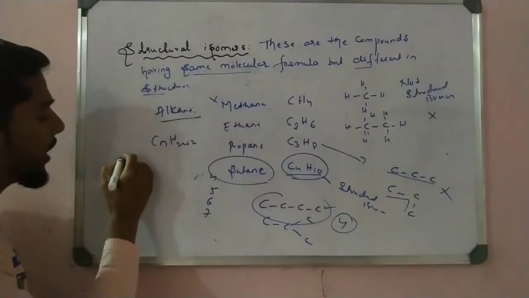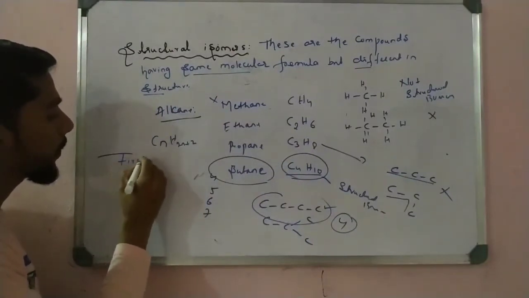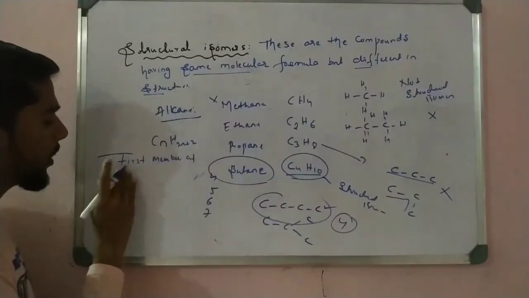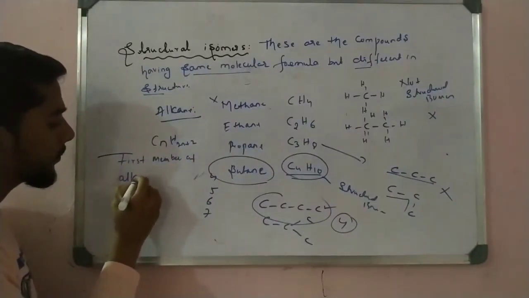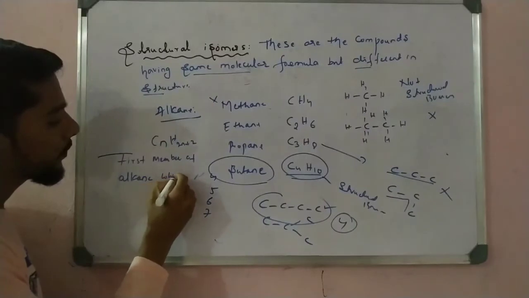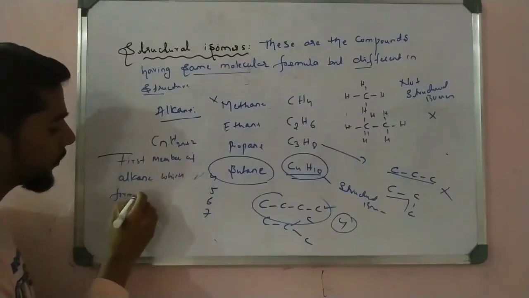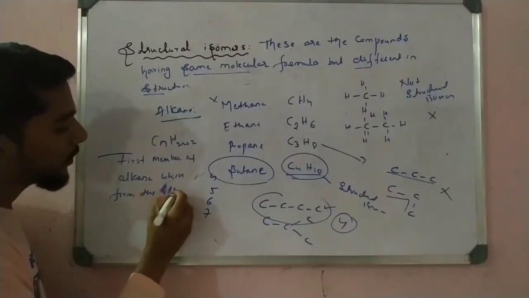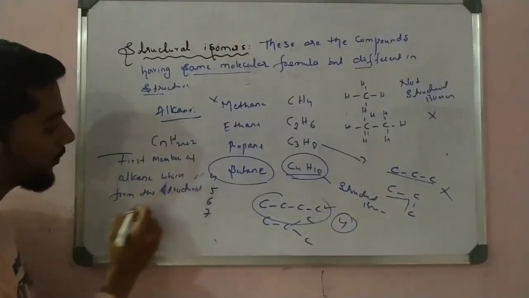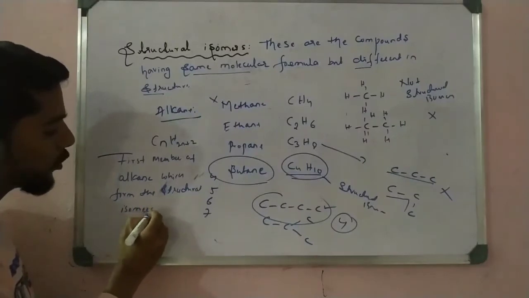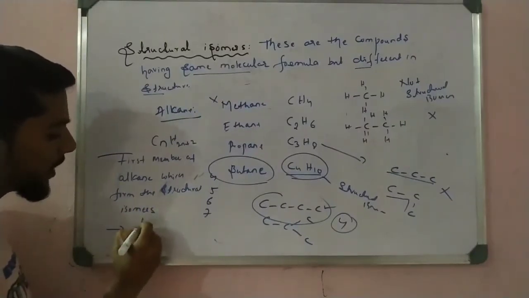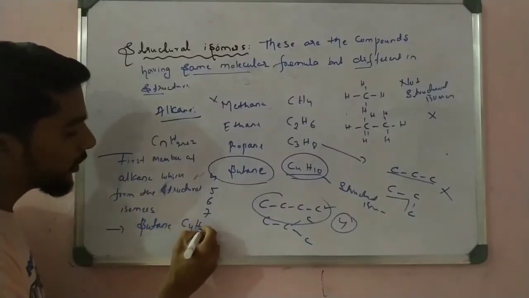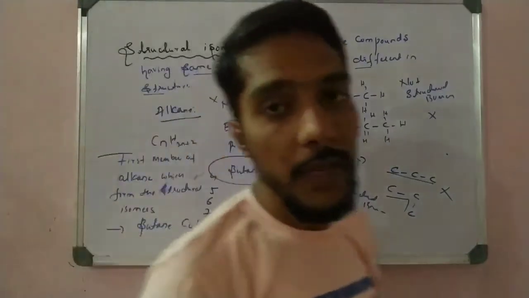Okay, write down here: the first member of alkane which forms structural isomers. The answer is butane, C4H10. So this is the first member.